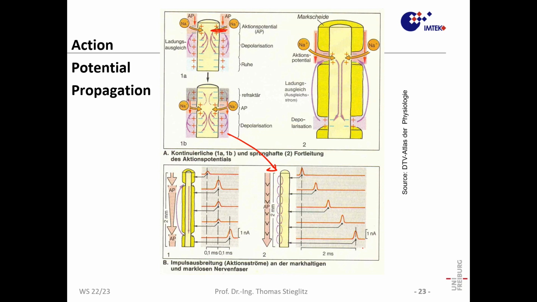In myelinated cells, we have that Schwann cell around, a highly insulating fatty tissue cell, and we have sub-threshold conduction in between the nodes of Ranvier. This is what we have seen with the decay constant. So we have a potential that gets smaller, smaller, smaller, but is still large enough to be super threshold at the neighboring node of Ranvier, eliciting the next action potential.